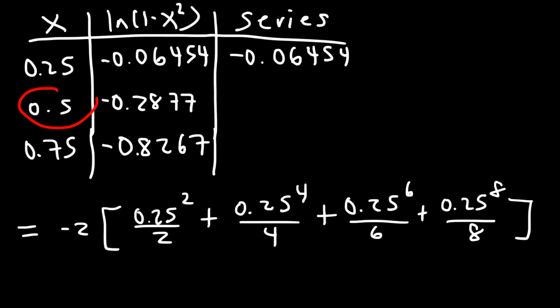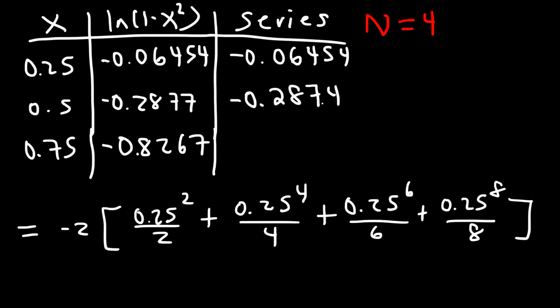Now go ahead and plug these values in as well, using the first 4 terms. So I got -0.2874 as opposed to 77. So it's a little bit different, but it's still pretty close.